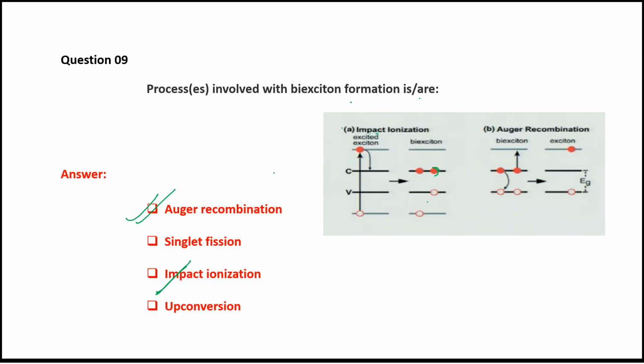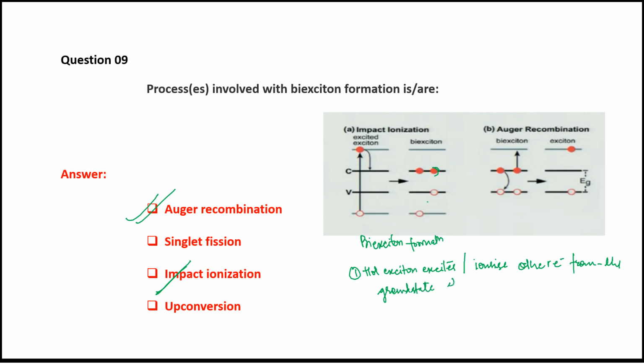We have discussed this in detail in the previous questions, and we got to know that in the biexciton formation, when the hot exciton excites or ionizes another electron from the ground state, it is called impact ionization.